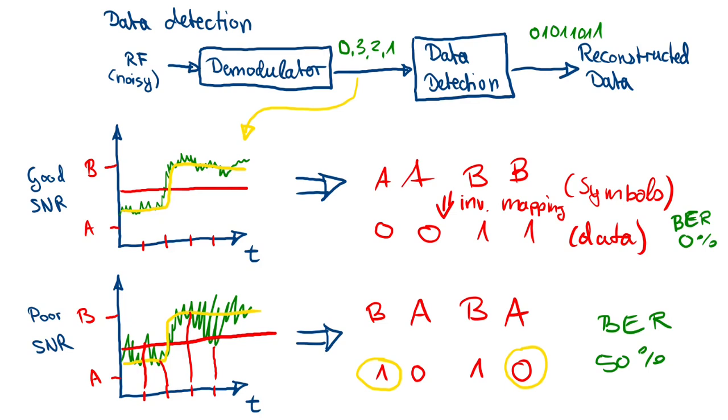And in the later videos, in the later lectures, we will consider coding theory, and this coding theory is the basis of detecting those bit errors, and it's even possible to correct them. But for now, we just accept that there are bit errors.